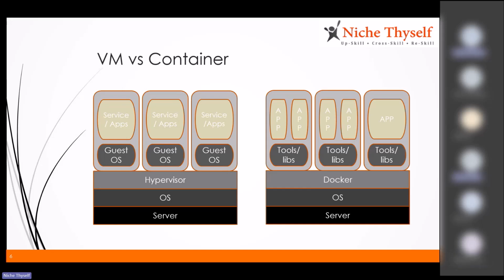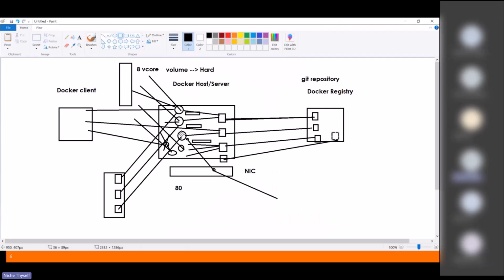Suppose I created this container with 2 GB of memory, but on the fly I want to change it to 4 GB. Suppose I allocated 2 vCores, but I want to change it to 3. So that is possible. And that we do in a better way in Kubernetes. So Kubernetes is that orchestration tool which takes care of all these things, right? So we can change those resources as well.